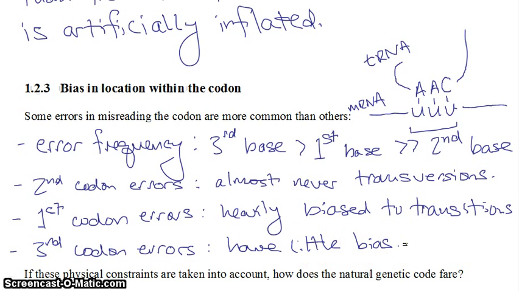So they wanted to look at both what is most likely to occur to your DNA, as well as what would most likely happen when you have a mistranslation. And so when they take into account both sets of biases, how does the natural genetic code fare?